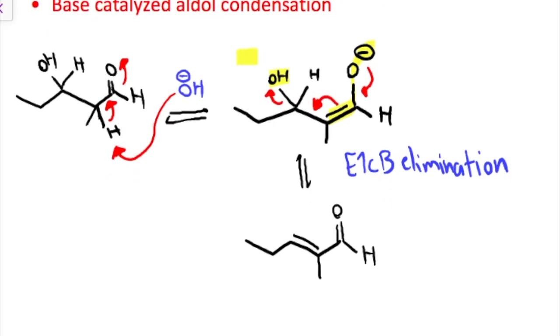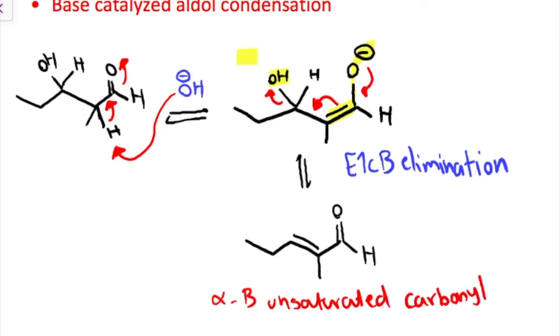Okay, and now this gives us the final product, which is an alpha beta unsaturated carbonyl. Again, this is called alpha beta because this is the alpha carbon, this is the beta, we have a double bond, so this is unsaturated.